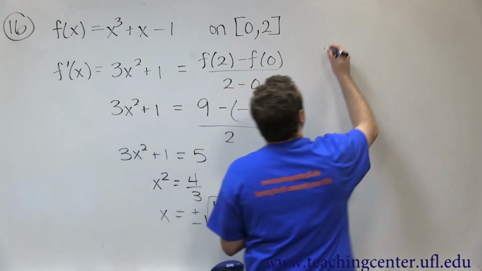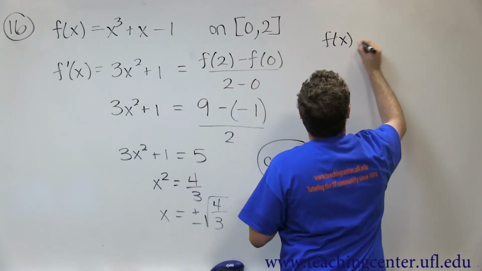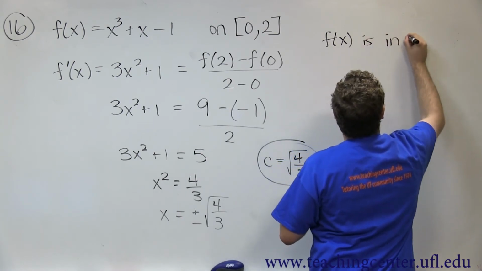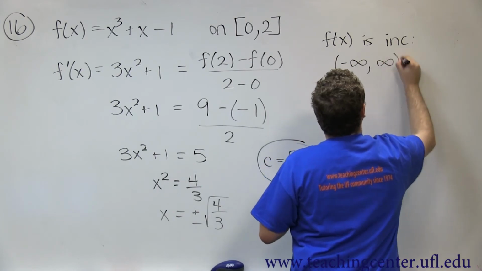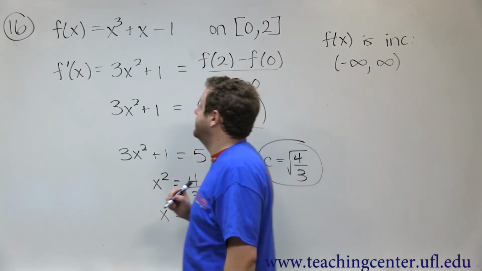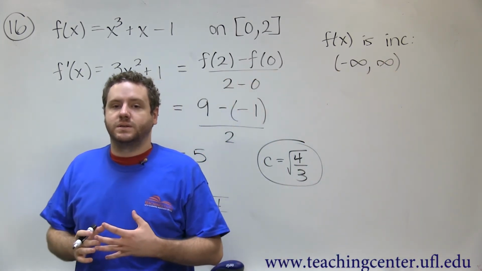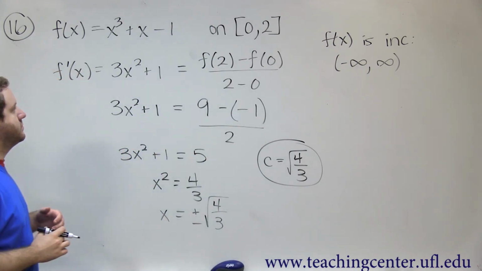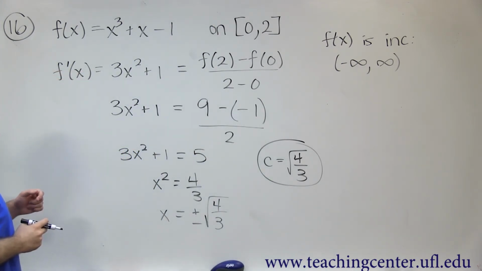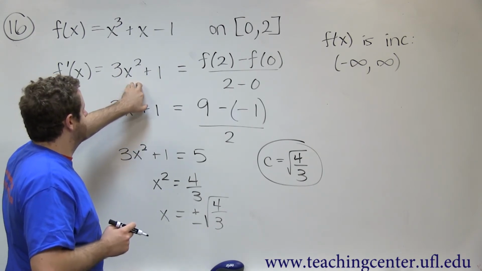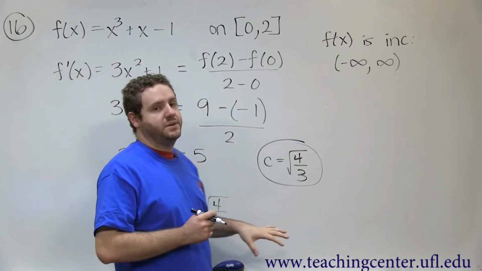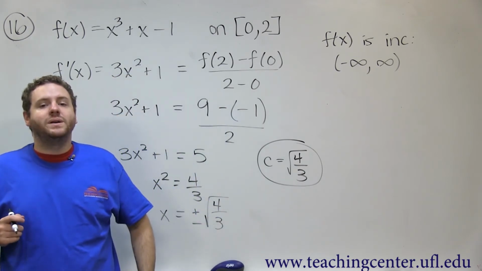So therefore we can say f of x is increasing from negative infinity to infinity. It is always increasing. So if our derivative is always positive, that means our function is always increasing.